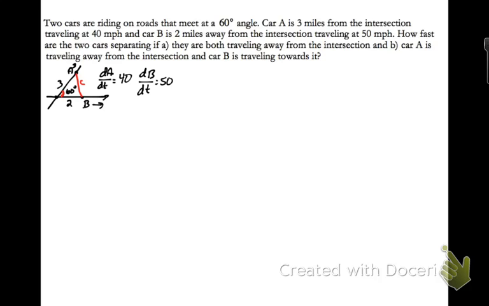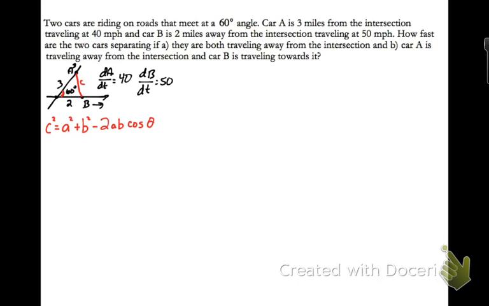C squared is equal to A squared plus B squared minus 2AB times the cosine of the angle opposite. Right? So theta is 60 degrees in this case.